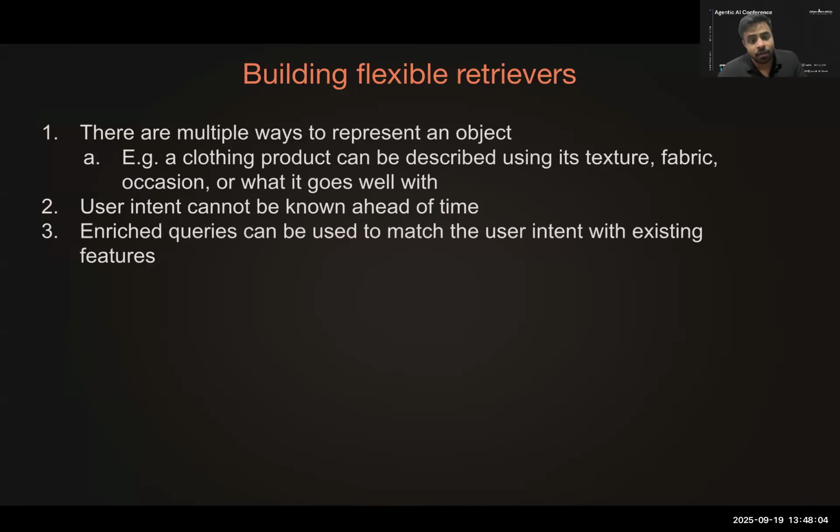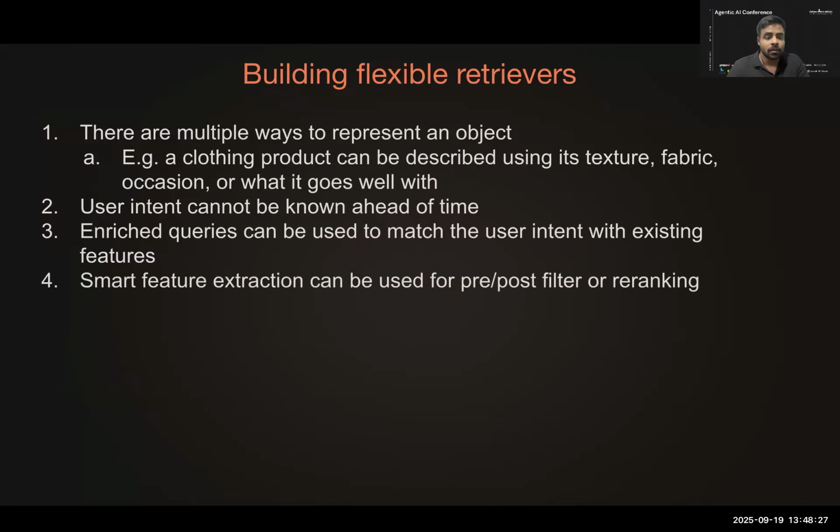But again, what is true is that if you enrich your queries, you can match the user intent as it comes, because you don't know it ahead of time, with a particular kind of feature, right? So if I already have them represented, I can enrich my user query to match which representation I should use. Okay.